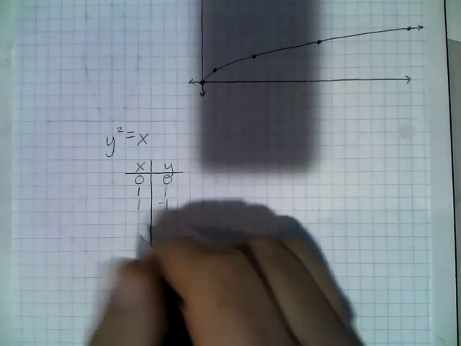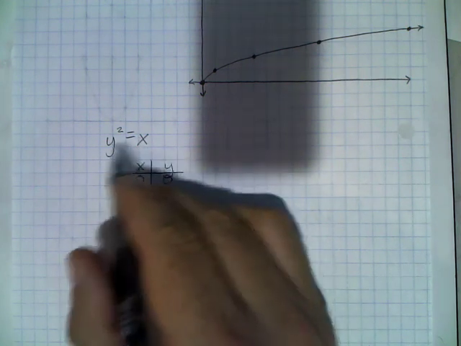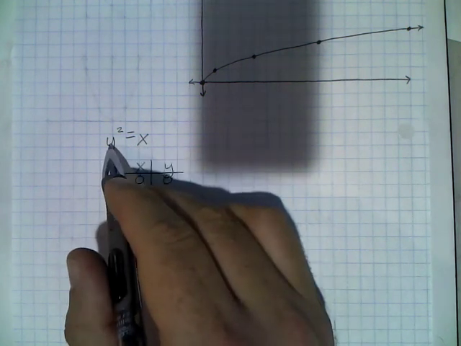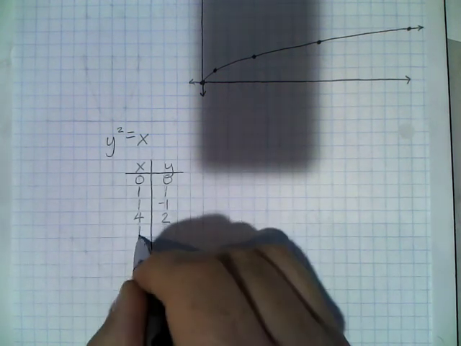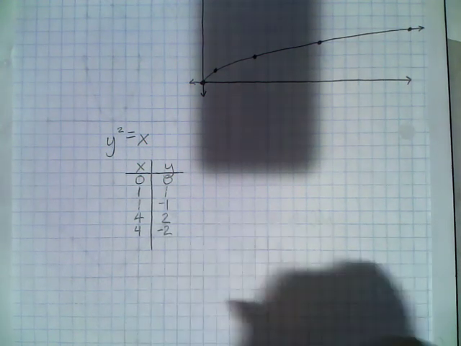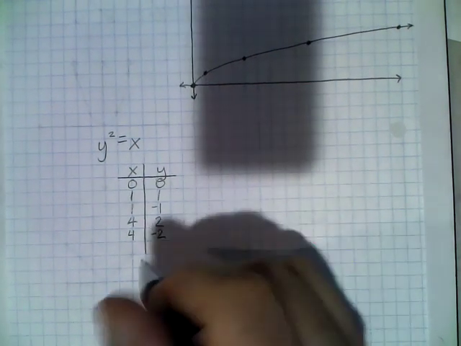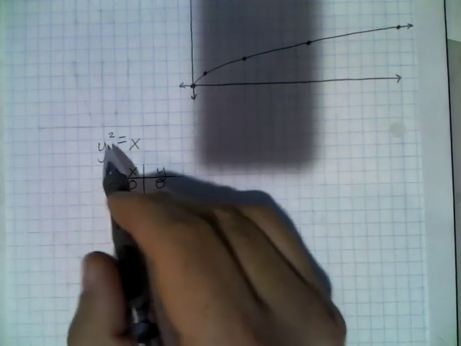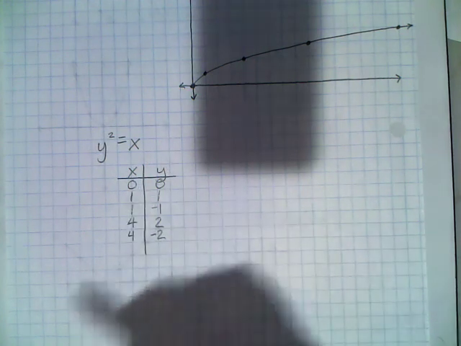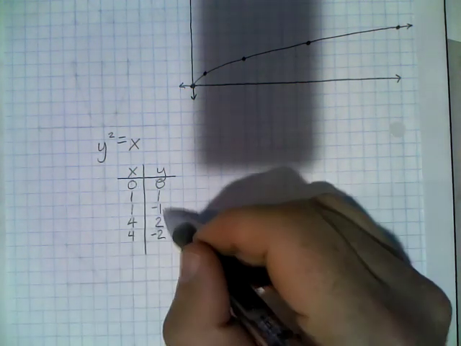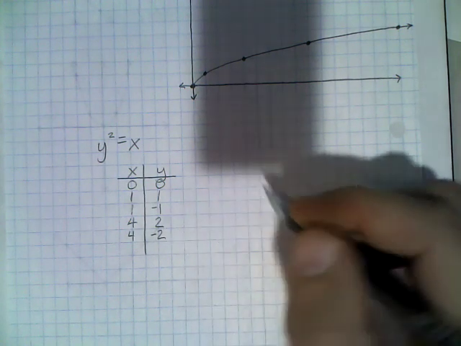Likewise, if I put in 4 for x, what would I have to put in for y? What would I have to square to get 4? Well, you could square 2, or you could square a -2. So again, we're going to notice that since we're squaring y, x is never going to be a negative. So I don't need the second and the third quadrants, but if we look at our y values, we do still have the first and the fourth quadrants.